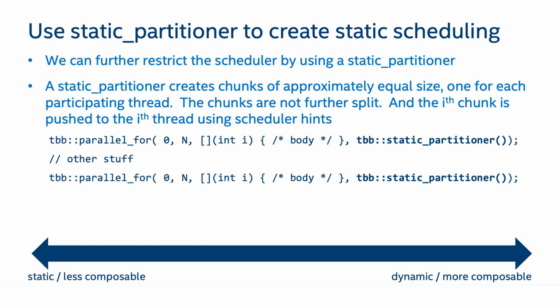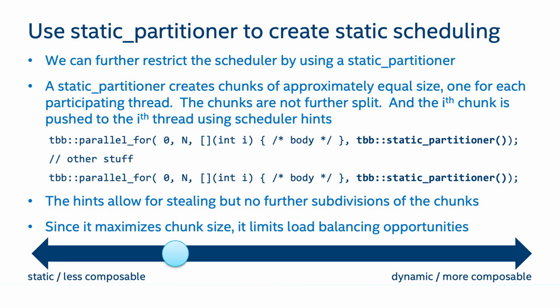So if you have 2 consecutive loops and they both use a static partitioner, the threads are likely to get the same chunks. So you get that same kind of static behavior that OpenMP would have. It doesn't actually completely turn off stealing, but you've created huge chunks. So for one thread to have to steal, there'd have to be a huge imbalance, or that thread is extremely slow and never got its chunk initially.